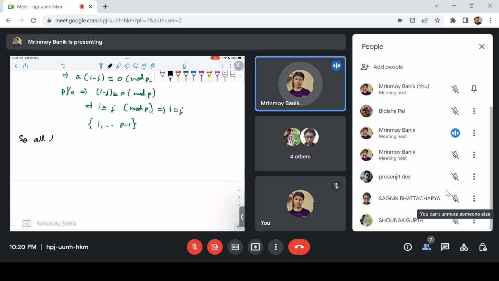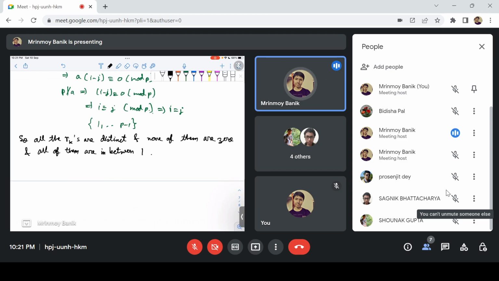All the Rk's are distinct, none of them are 0, and all of them are in between 1 and P minus 1.